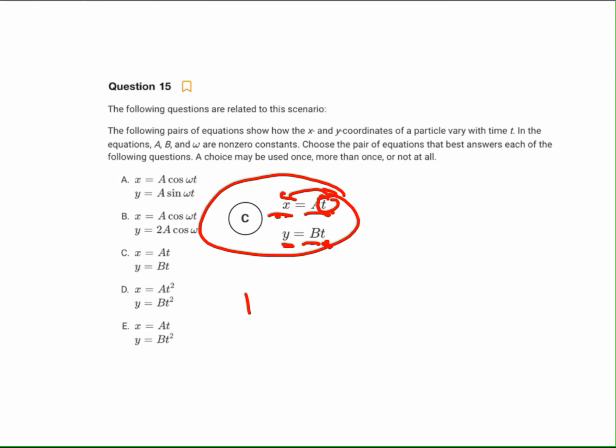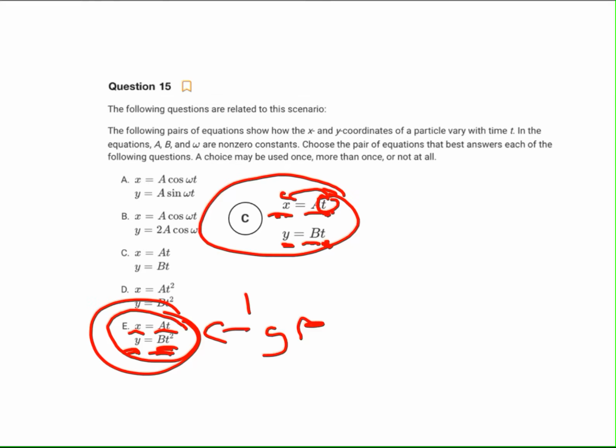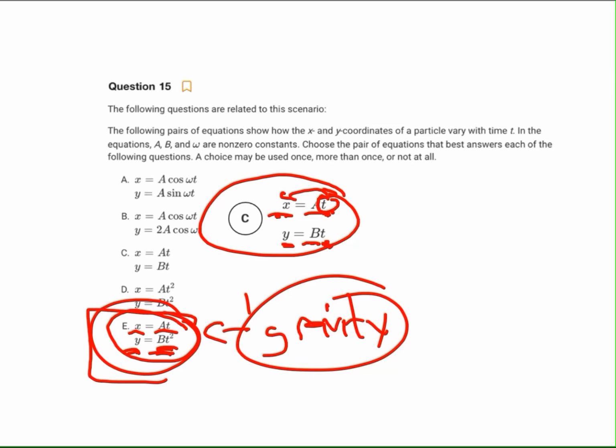The only difference is I believe the answer for 16 was this one, because it said it was moving at a constant speed in the x direction, which means it's this, but is constantly decreasing its velocity in the y direction. So really, the best way to do this is to think of it as an object moving under the force of gravity. So the answer for 16, even though for some reason it got skipped here, is going to be E. Again, if we need to talk about this on Monday, we will.